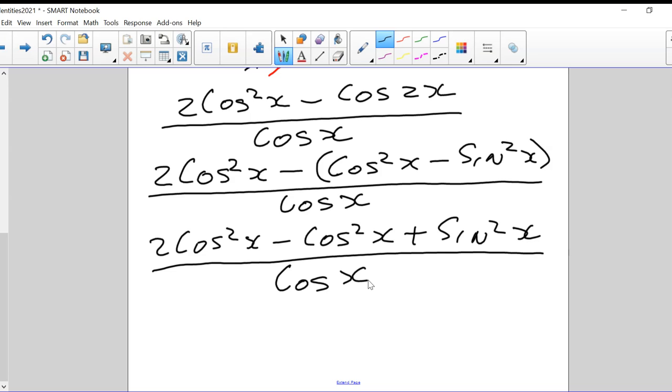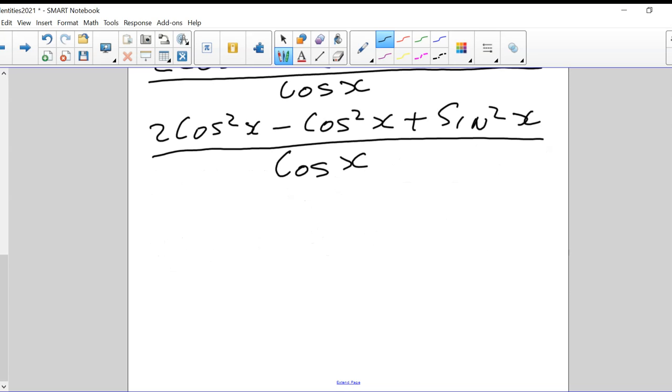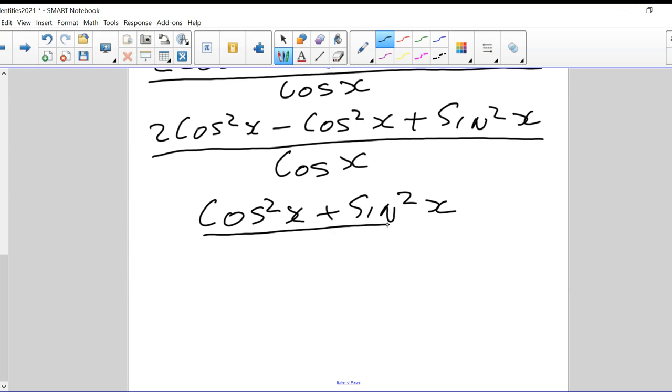Subtract the cos squared x's. So it sounds like you're saying we could simplify this because I have a 2 cos squared x minus a cos squared x. That's just going to give me 1 cos squared x. So let's put that in. So that's going to be a cos squared x plus, of course, the sine squared x that was there over cos x.